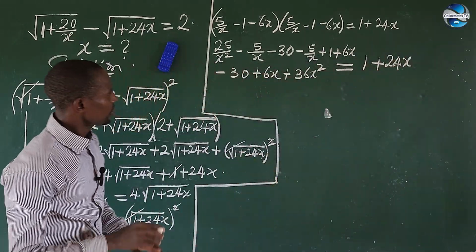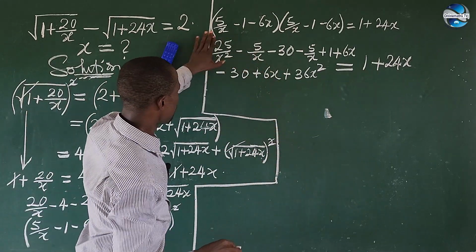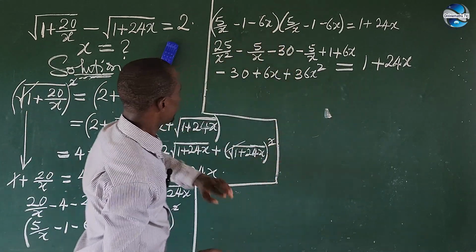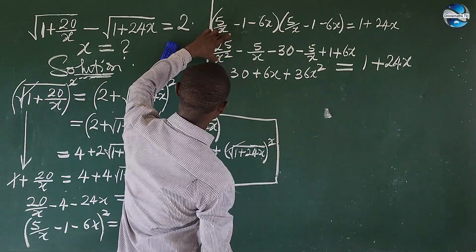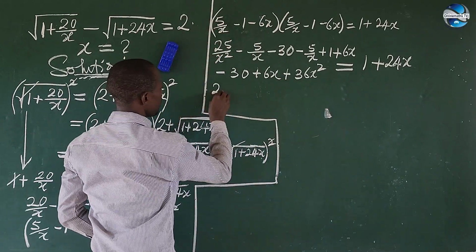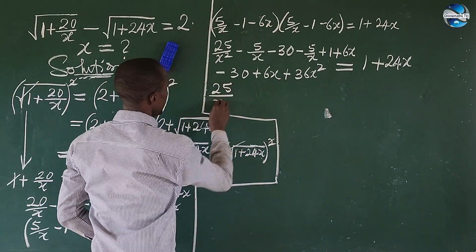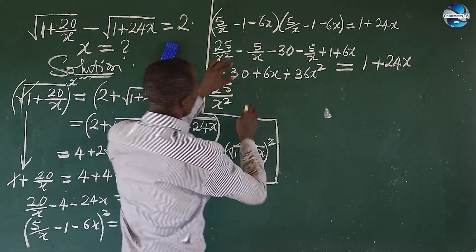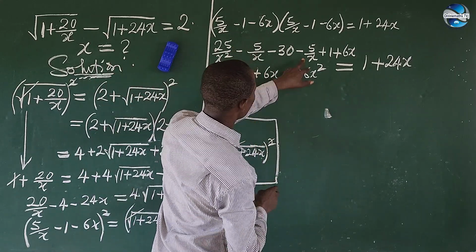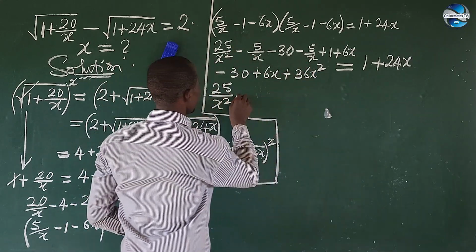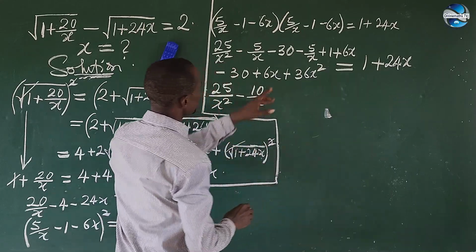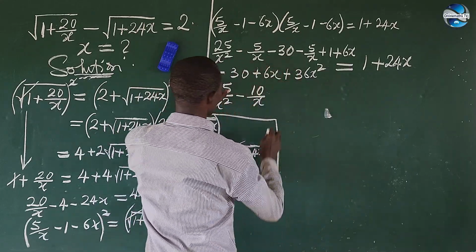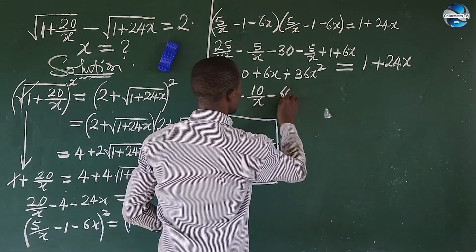All right, so what we do here now, let's sum up everything on this side. Here we have 25 all over x squared. Then minus 5 all over x minus 5 all over x will give us minus 10 all over x. Then minus 30 minus 30 will give us minus 60.